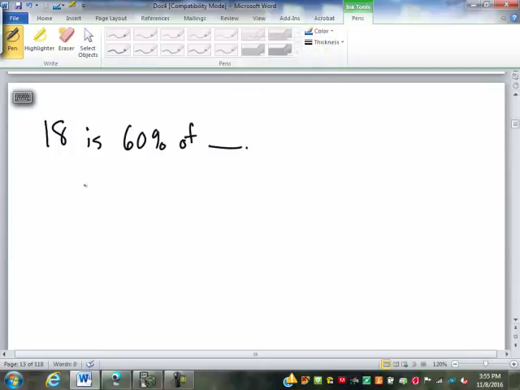So we have the 60%, and we always start with a percent. So 60 over 100. On the other side, 18 is 60%, which implies the 18 matches up with the 60. Of blank, we think of that as out of blank, which implies our missing number goes on bottom. So we can cross multiply and divide. 100 times 18 divided by 60 is 30.